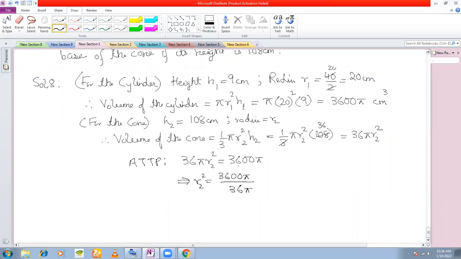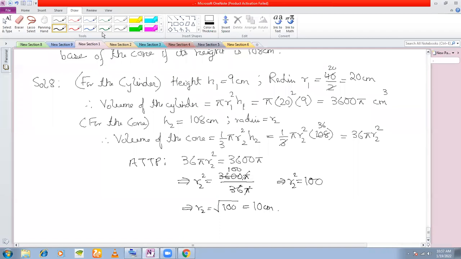The pi and pi cancel, and this will cancel 100 times. So R2 square is equal to 100. That means R2 is equal to square root 100, which is 10 centimeters. Therefore, the radius of the cone is 10 centimeters.